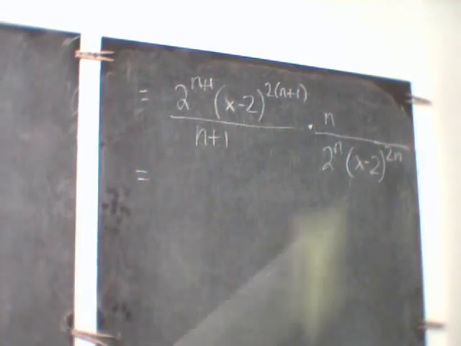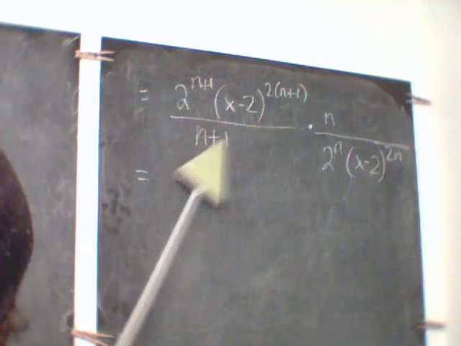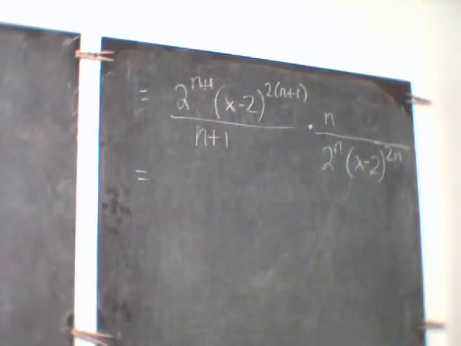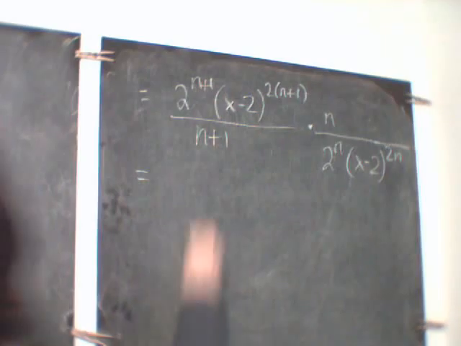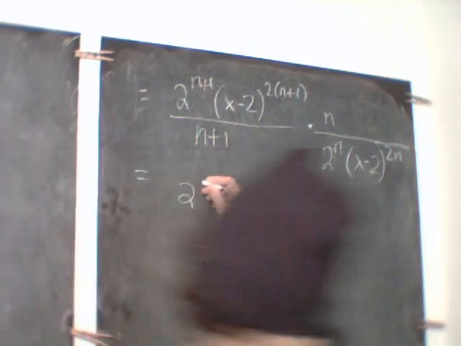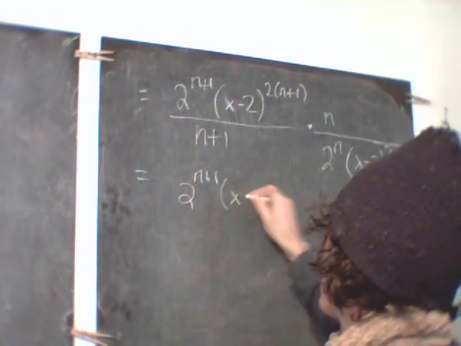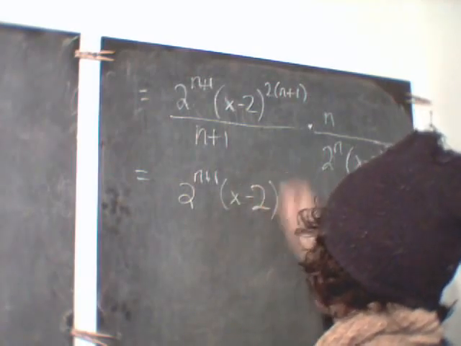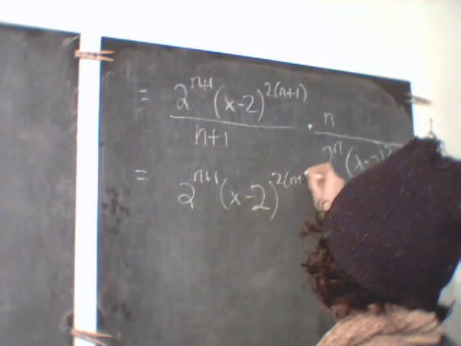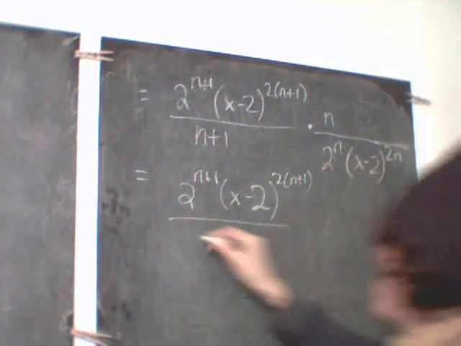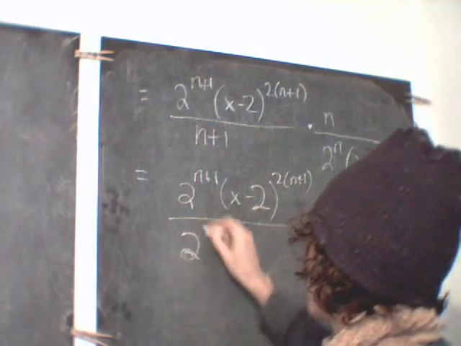We're going to move this over here and move this over there. Just rewrite this as 2^(n+1) times (x minus 2)^(2(n+1)), and then we're going to put this thing right here under there, so that we can start doing our canceling.